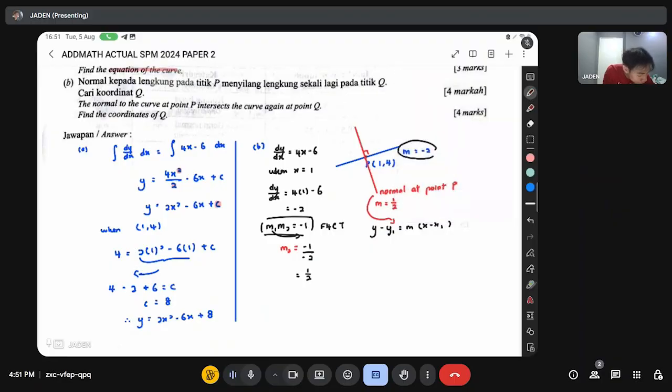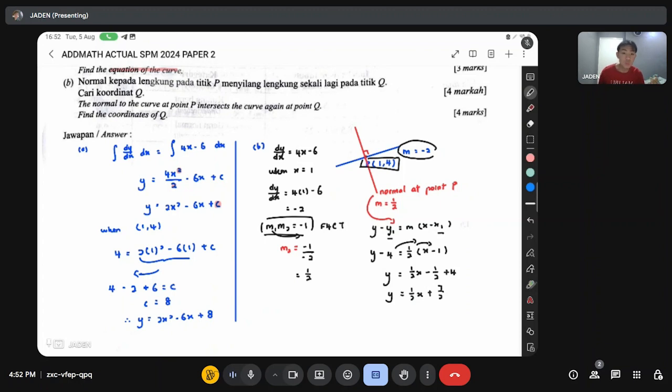Make sure your y1 and x1 use the coordinate that it passes through. So y minus 4 equals 1 over 2 times x minus 1. So y equals 1 over 2 x, expand this, bring this over, negative 1 over 2 plus 4, you get positive 7 over 2. So y equals 1 over 2 x plus 7 over 2.